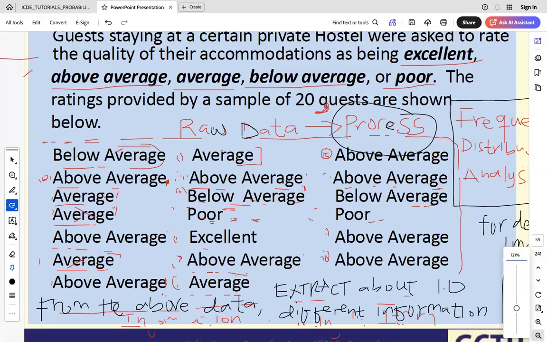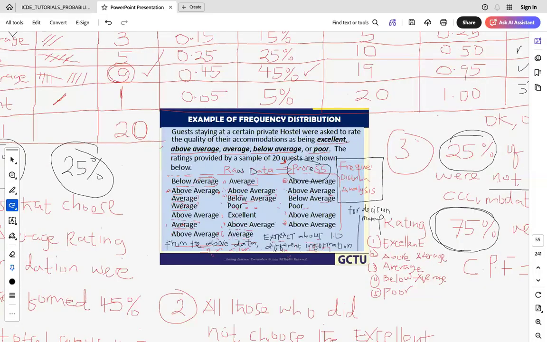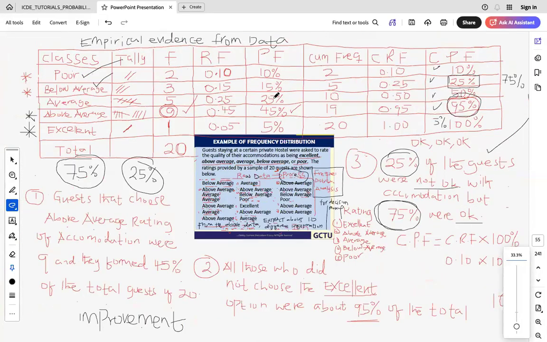You converted all these words into a nice table like this, where you have numbers that are speaking for the activities that are going on here. And that's the first example I wanted us to do today.